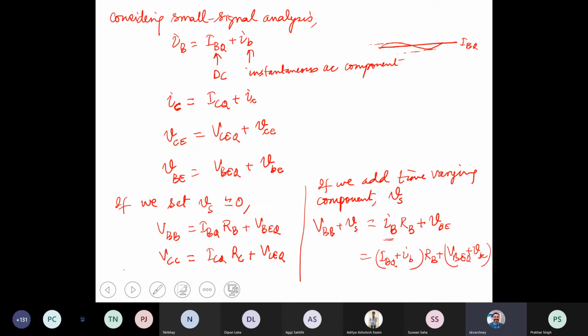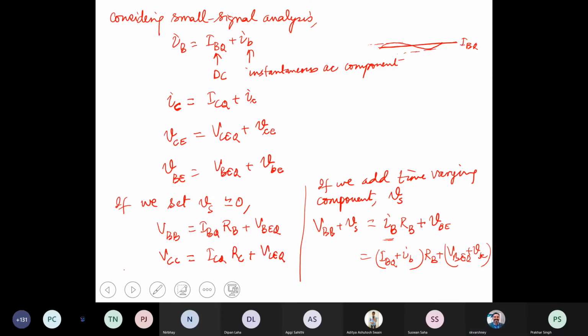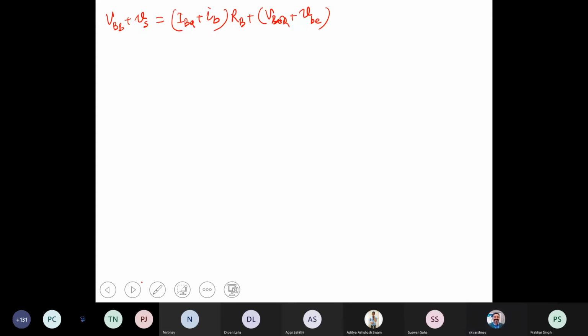So it means your VBB plus VS is equal to (IBQ plus small ib) multiplied by RB plus VBEQ plus small vbe, right? Now we can rearrange the terms.